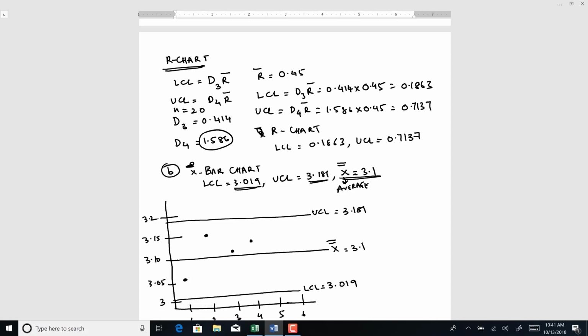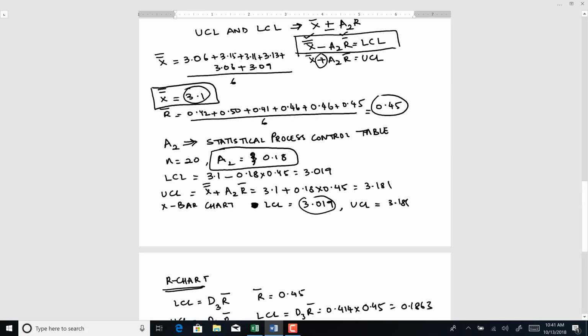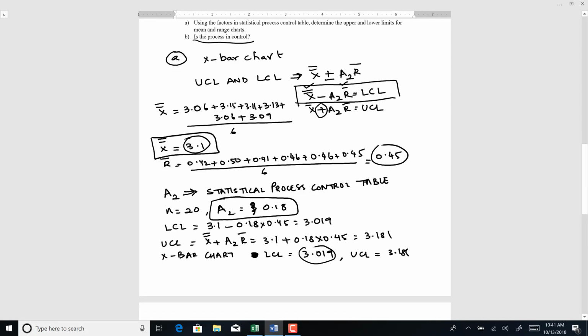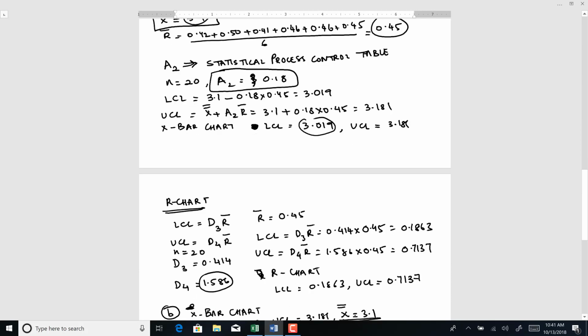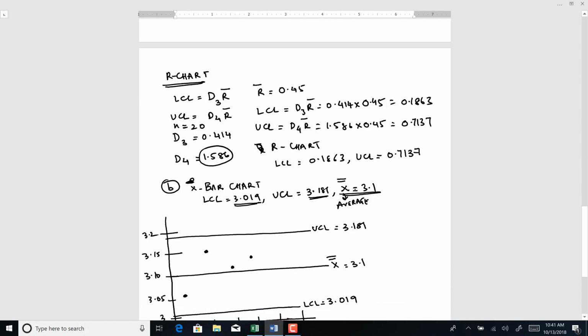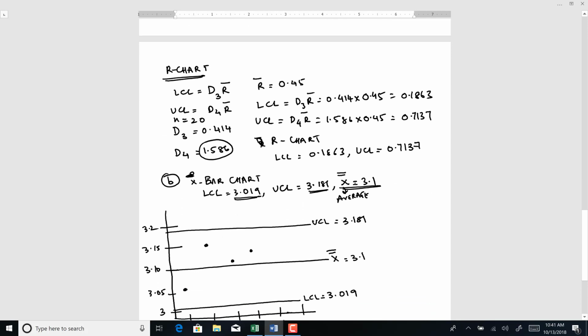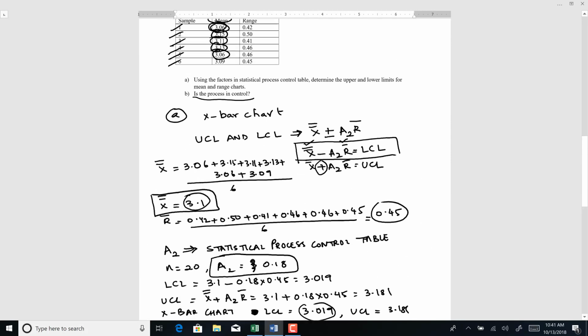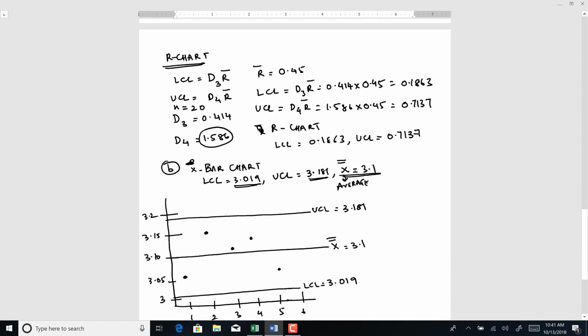And then the fifth one, 3.06, would lie again somewhere here, and finally 3.09 would lie somewhere here.